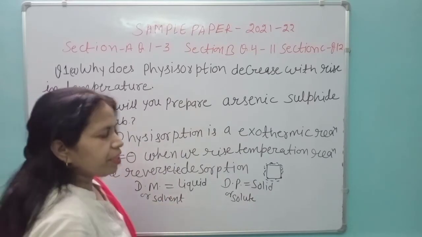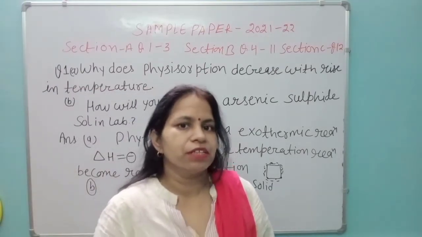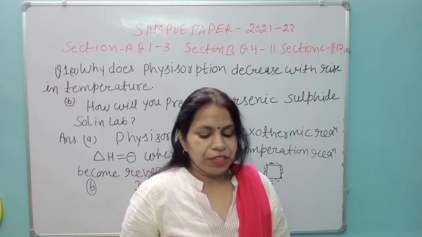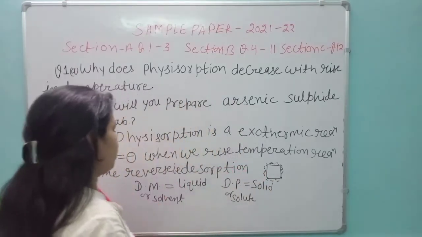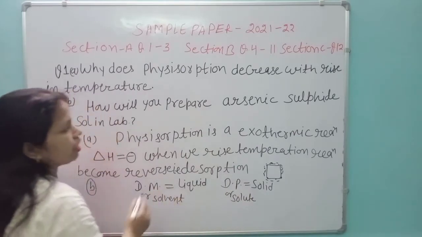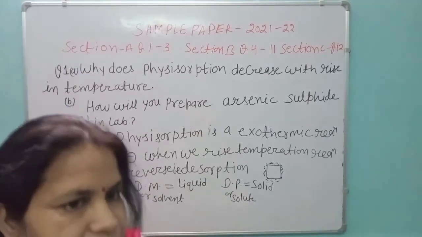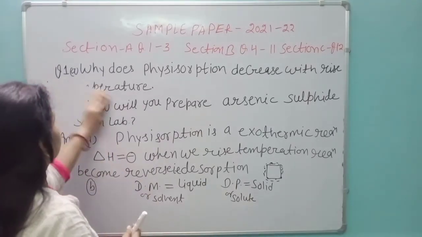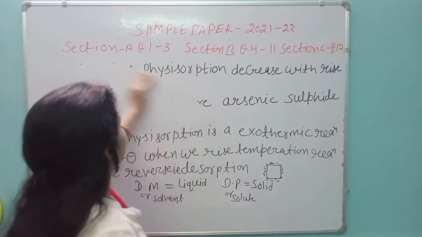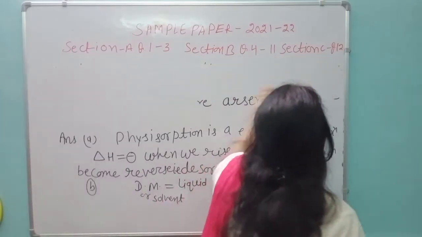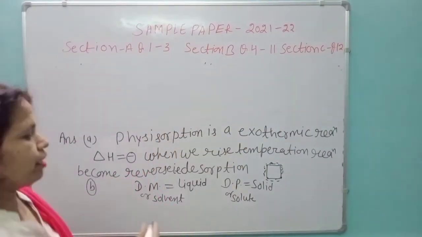So how to prepare the arsenic sulphide sol? Arsenic sulphide is a negative sol. It is prepared by double decomposition. Write down the answer. We can prepare it by double decomposition.